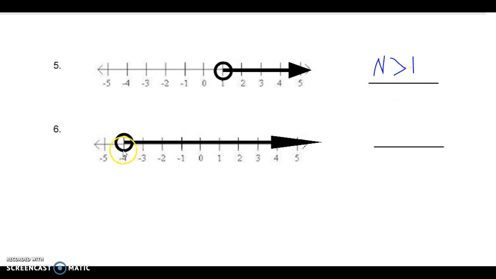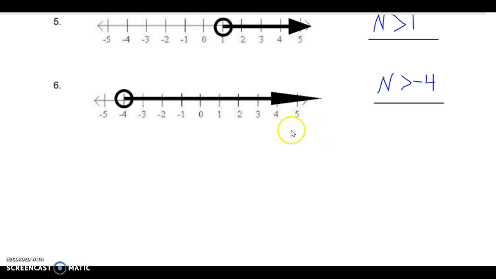In example number 6, we want all the numbers that are greater than -4. So again, only the greater than sign, not the equal to. So n is greater than -4. Okay, great job.